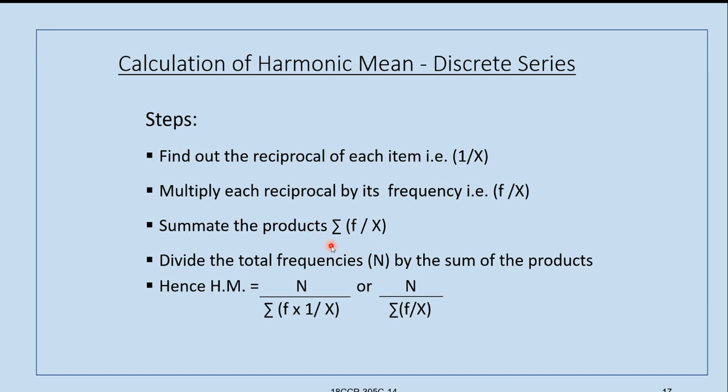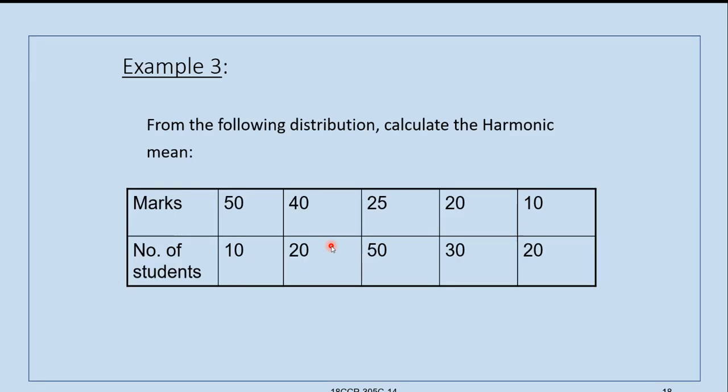Again, we will take one example for calculation of harmonic mean in discrete series. The example consists of two columns, marks and number of students. Here marks is taken as x, and number of students is frequency.